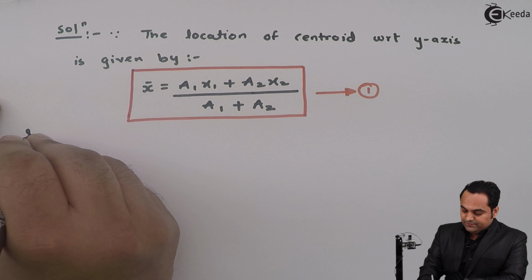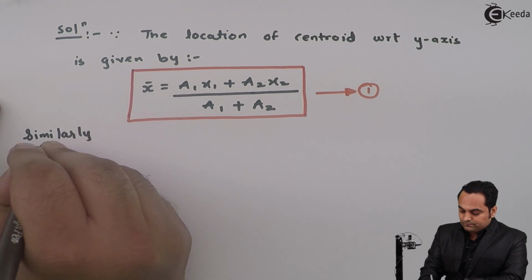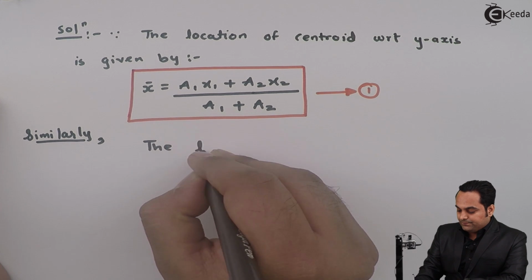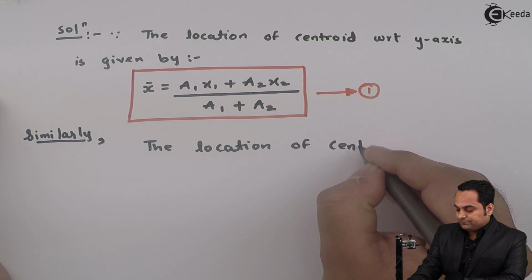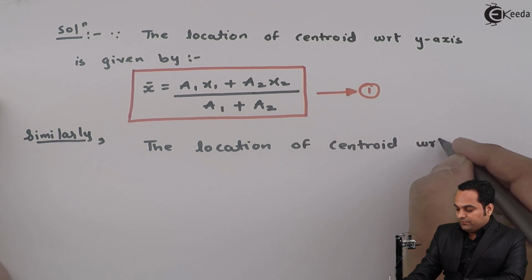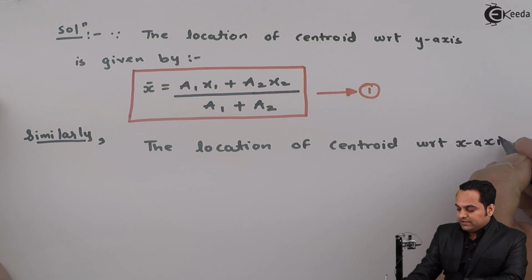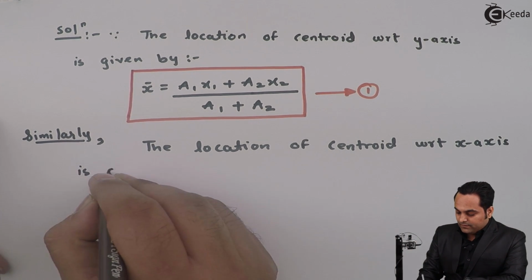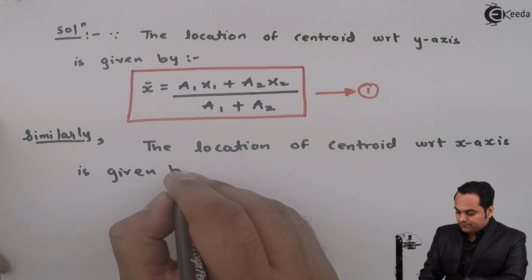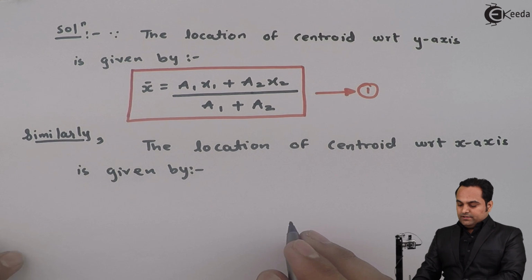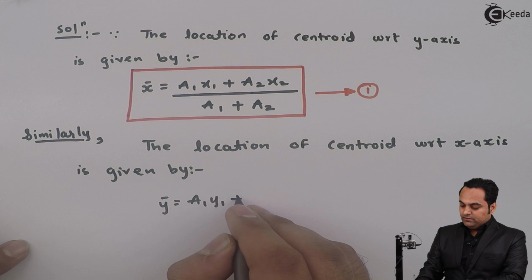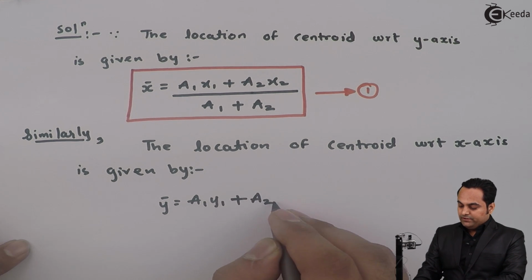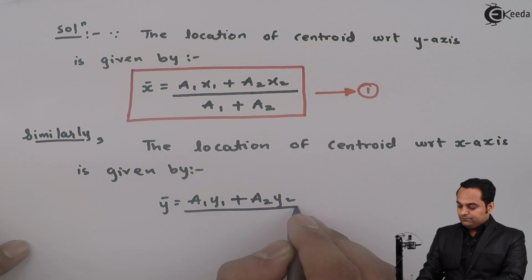Next, similarly, the location of centroid with respect to x-axis is given by, it is y bar is equal to a1 into y1 plus a2 into y2 upon a1 plus a2.